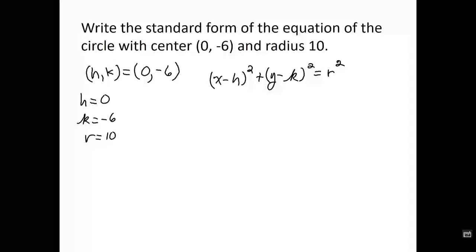So what do we have here? We have (x - 0)² + (y - k)², k is -6, quantity squared, is equal to the radius squared. The radius is 10, so that's 10 squared.